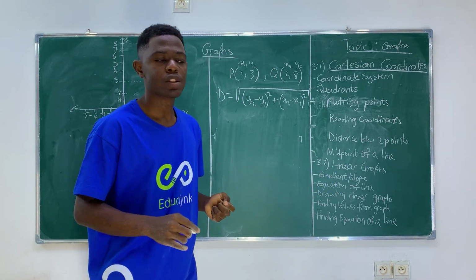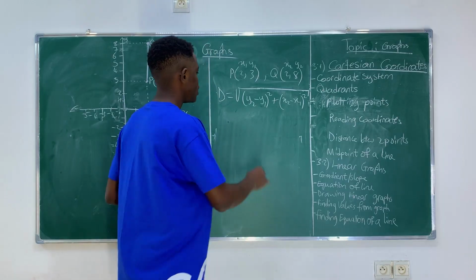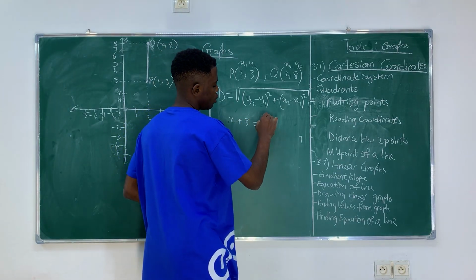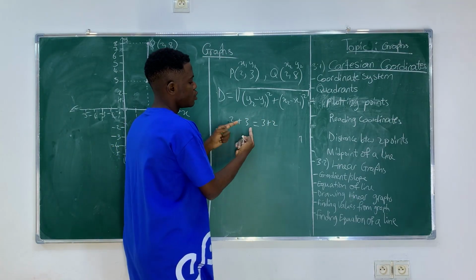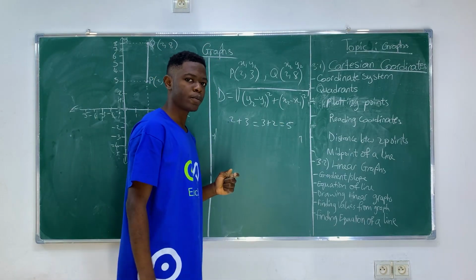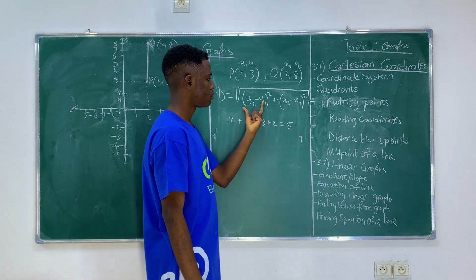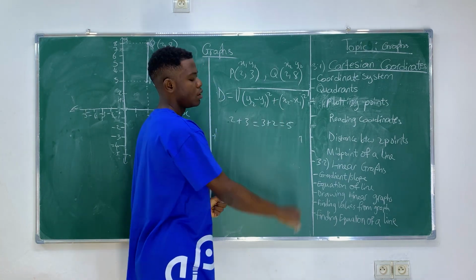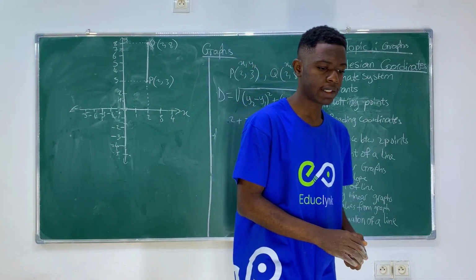It's exactly the same thing because addition is commutative. Say 2 plus 3 is equal to 3 plus 2. Whichever position, it's still going to give you 5. That's the same thing here. It's still going to give you the same answer at any time.